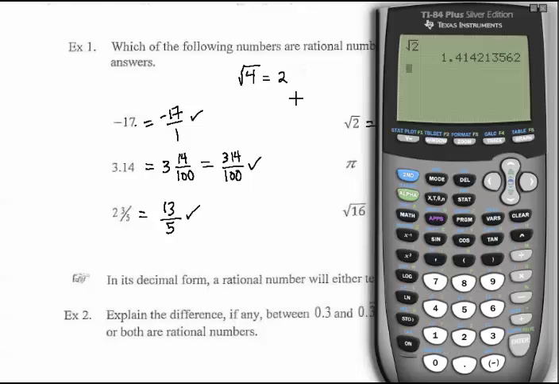And 2 itself is obviously a rational number. 2 over 1 can be written as a fraction. But that's because 4 was a perfect square. 2, on the other hand, is not a perfect square. So we get 1.41421. We get this decimal number that doesn't terminate or repeat.